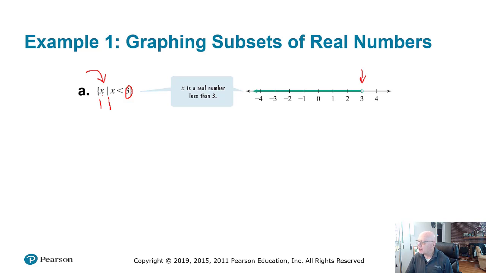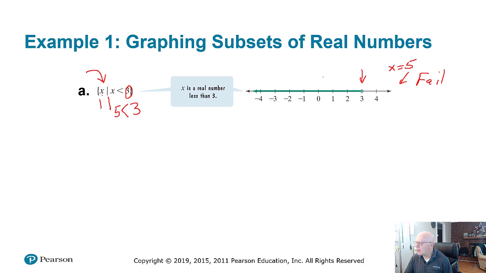Then you can actually just test this x and see which numbers might work. So for example, if I check with a 5, is 5 less than 3? No, that doesn't work. So the numbers over here fail the test. Well, I hope it works on the other side.